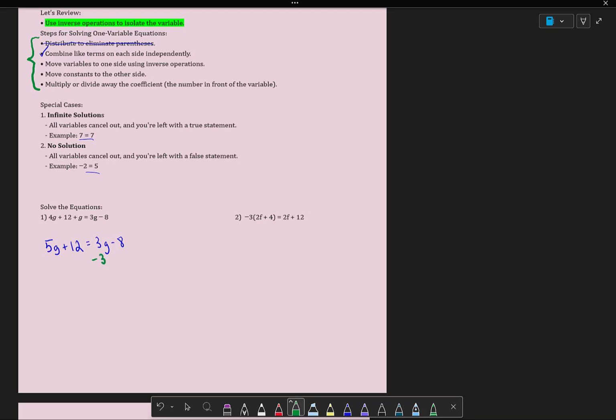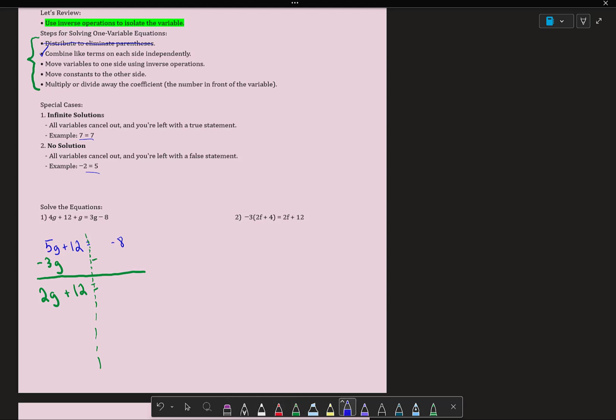So the inverse operation of positive 3g is subtracting 3g from both sides. So when we do this, we end up getting 2g plus 12 equals, let me do my vertical line right down the middle. These 3g's cancel and give us 0, and then we'll drop down the negative 8.